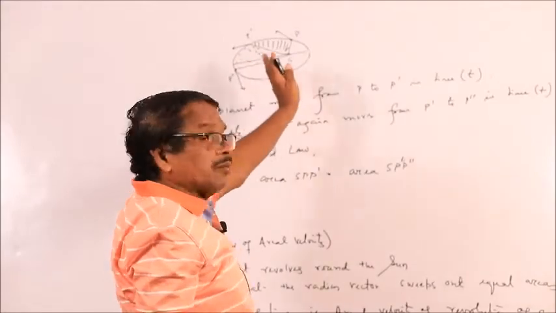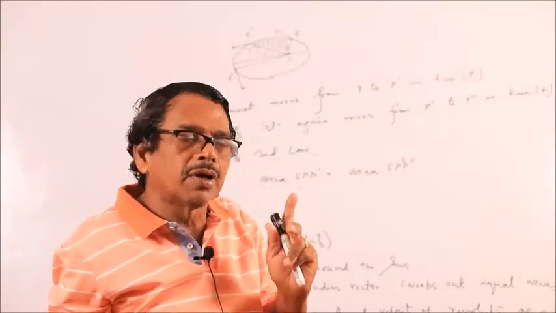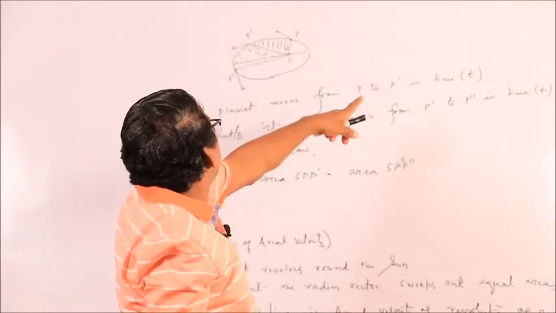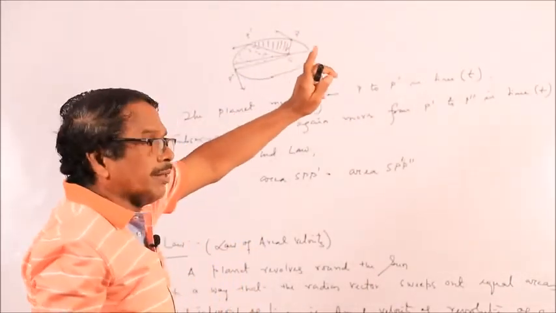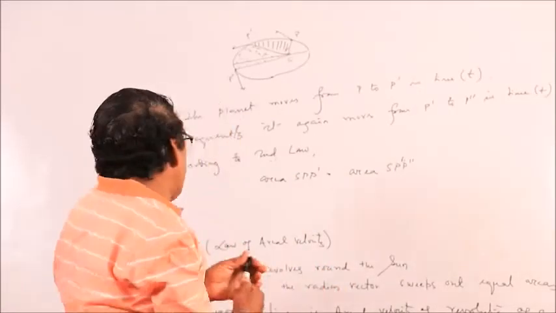So, the radius vector sweeps out equal areas in equal intervals of time. The time interval remains the same, t, so the area covered remains the same. That is, the aerial area covered per unit time is a constant.